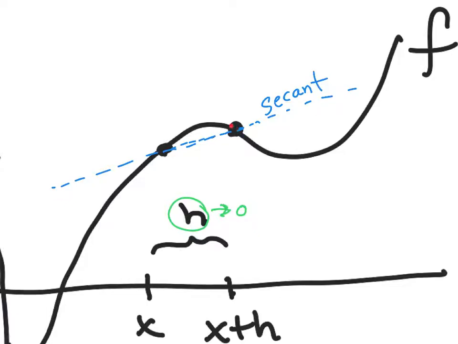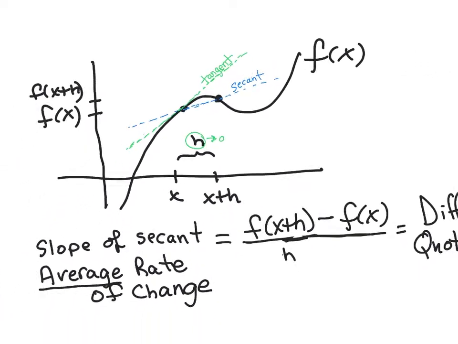That point is going to slide down as the x value changes until it is just 1 point on the graph. This line that touches the graph at a single point is called a tangent line. And the slope of the tangent line will represent your instantaneous rate of change.